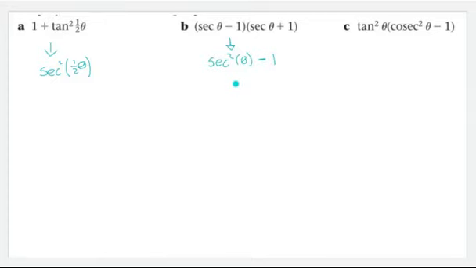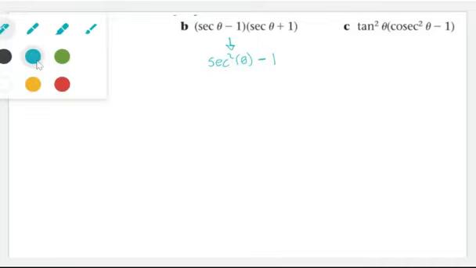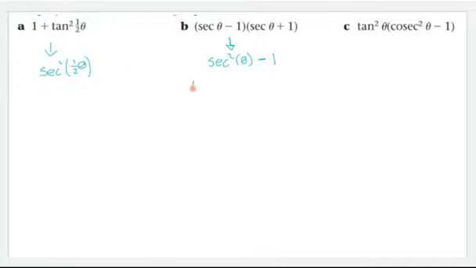And this can be simplified a little bit more as well, using an identity that we know, probably in reverse, or rearranging one of the identities we know. Would it equal tan squared theta? Yes, tan squared theta. Because the identity that we were given, I'm going to write it in a different color, we had that tan squared x plus 1 is identical to sec squared x.